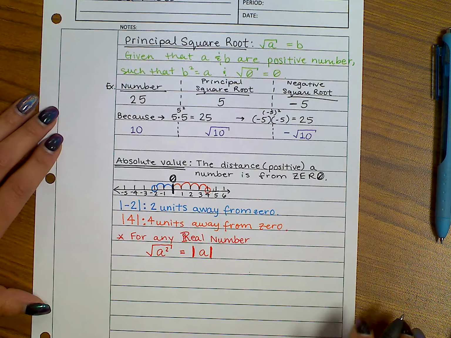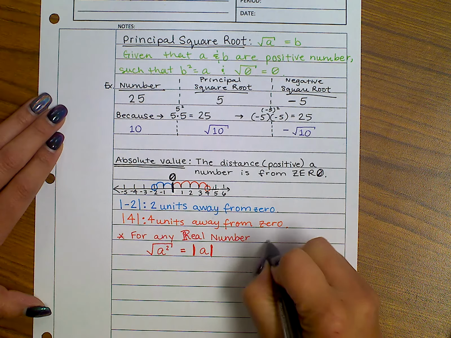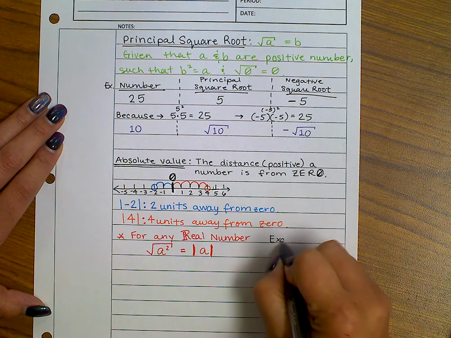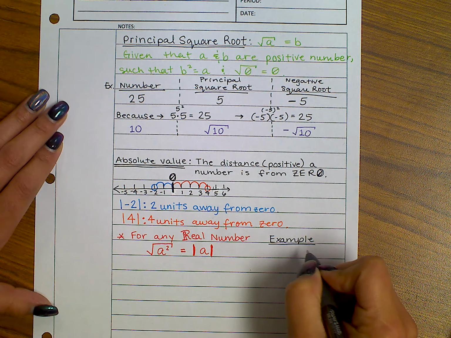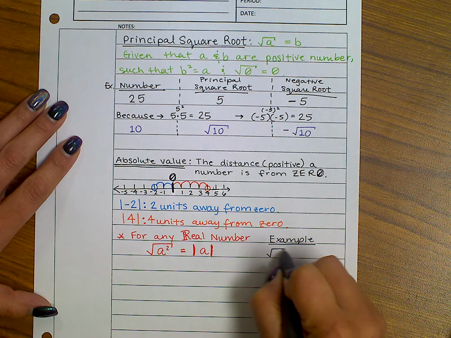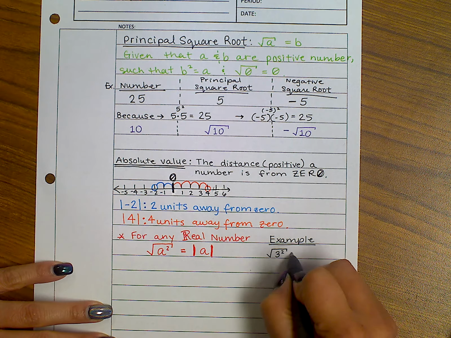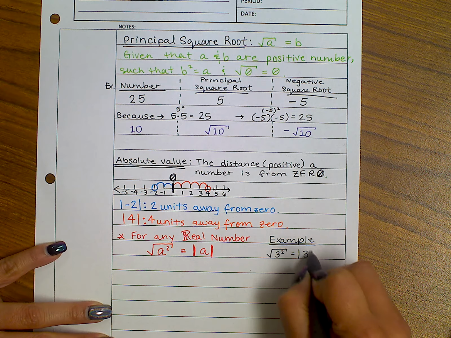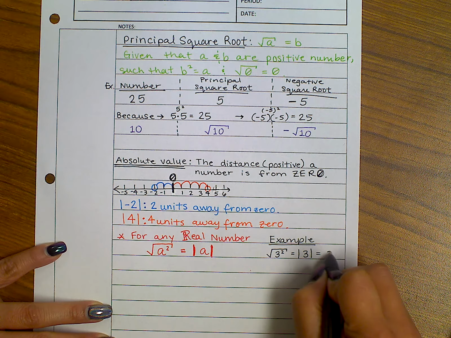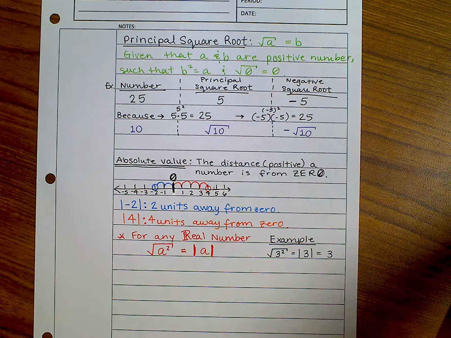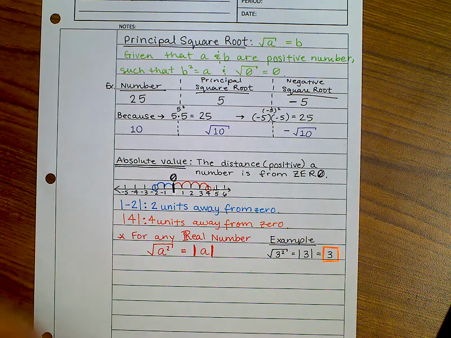Okay, so let's try an example here. Let's try the square root of 3 squared. Well, that would be the absolute value of 3, which is simply 3. Okay.